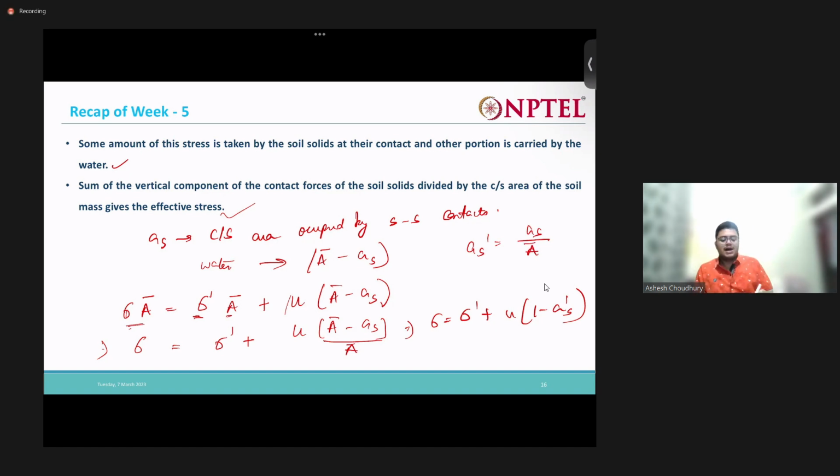Now if you see this, the small AS will be very small compared to A bar, which is my whole area. So this ratio is almost equal to 0, close to 0, and we can neglect it.